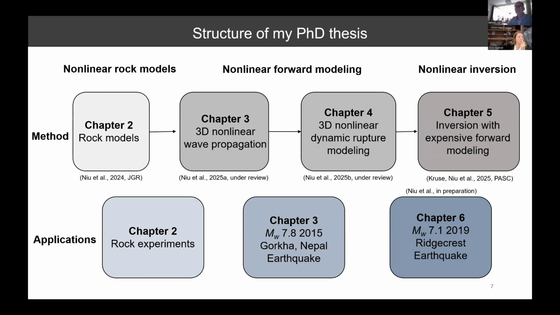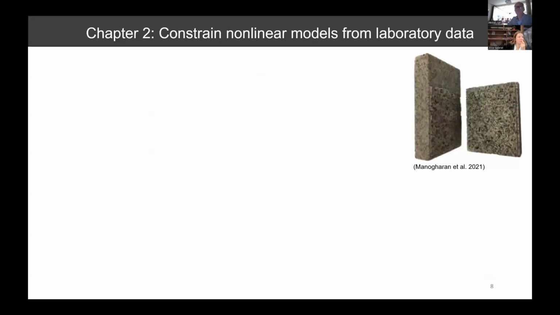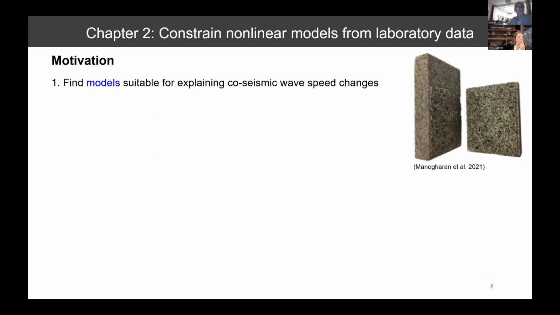The story of nonlinear modeling starts from the model itself. So in chapter 2, I deal with the nonlinear models. Again, the motivation is to explain the coseismic wave speed changes. And we want to constrain it in the lab because there we have well-controlled conditions where we can better constrain the data.